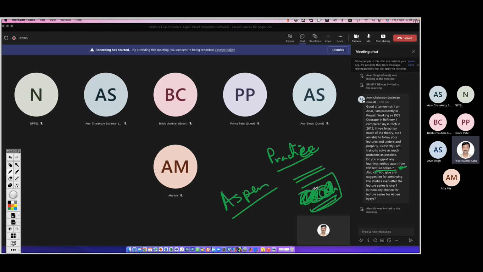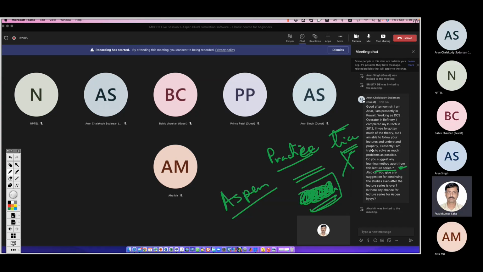So whatever is the exam date, after that, this license will be inactive for you. So you'll not be able to use Aspen through this channel. So you have to have Aspen in your respective school, or as you are working in a refinery, I do not know whether Aspen is there in your refinery in Kuwait. So if you have, then definitely you can use, and that is the only way you can learn.